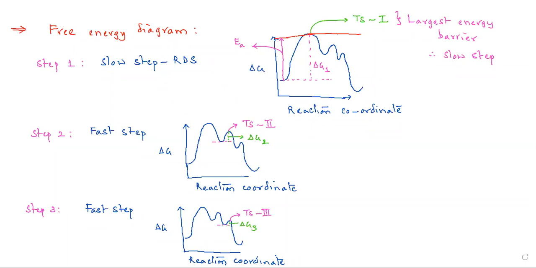So these are the free energy diagrams, with the first step being the slow step or the rate determining step, having the largest energy barrier. The third one being the fastest with the smallest energy barrier.